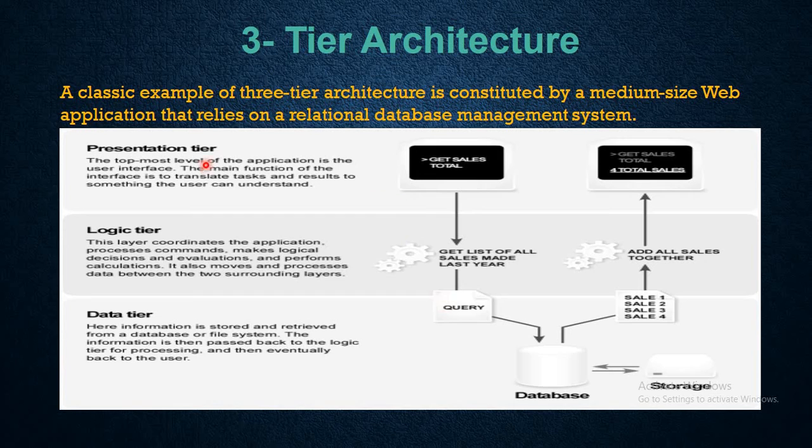The function of the interface is to translate tasks and results into something understandable to users, whereas the application server encapsulates the business logic tier, which coordinates the application, processes commands, makes logical decisions, and performs calculations. It also moves and processes data between surrounding layers. The database server machine, possibly replicated for high availability, maintains the data storage.